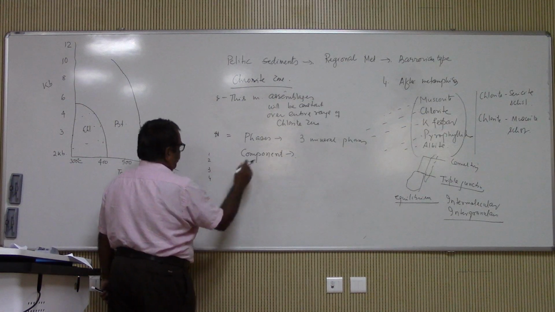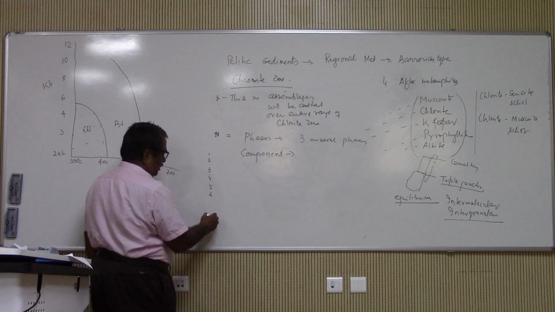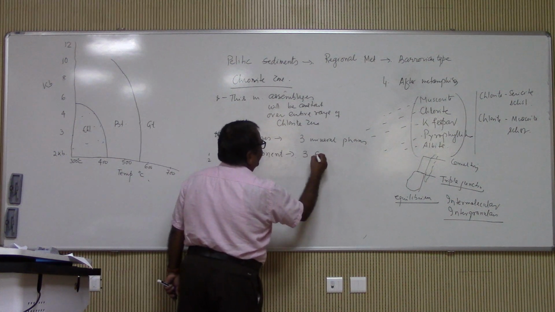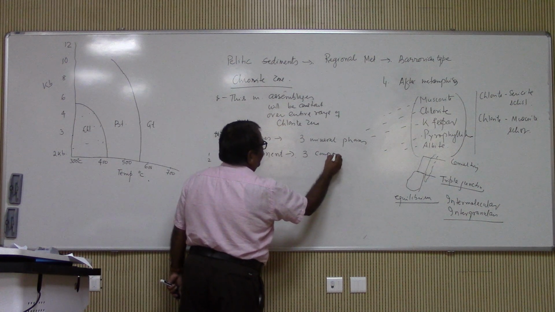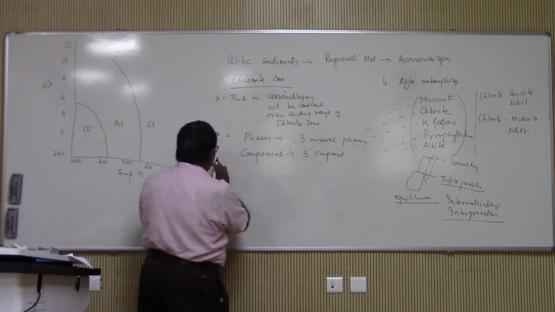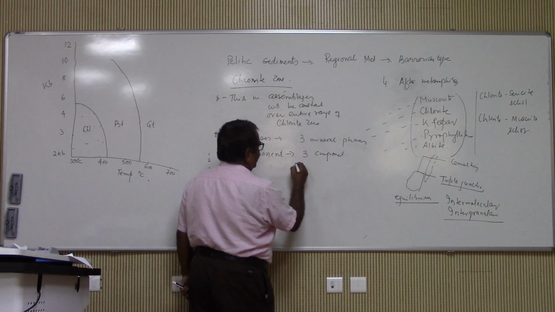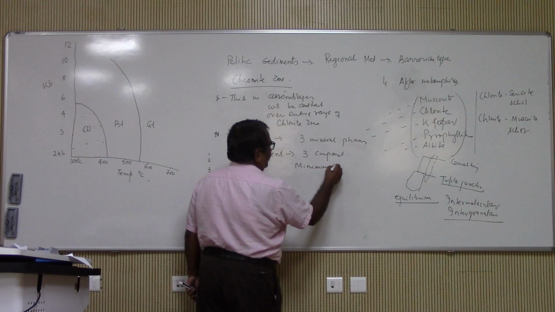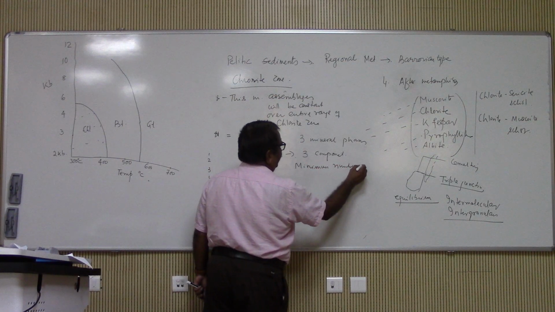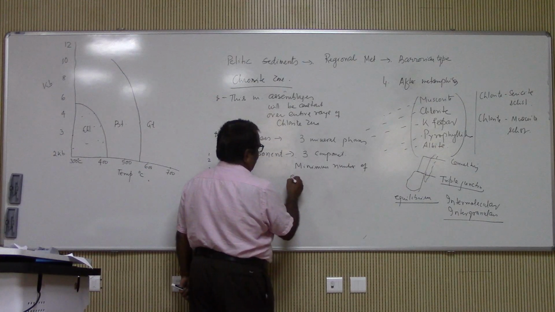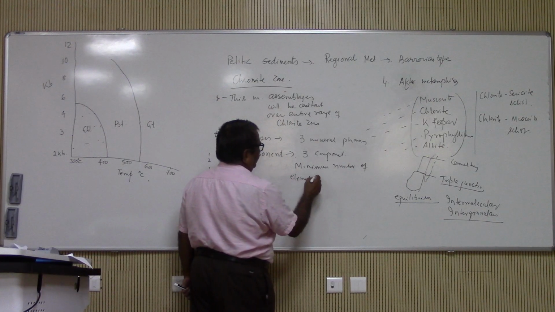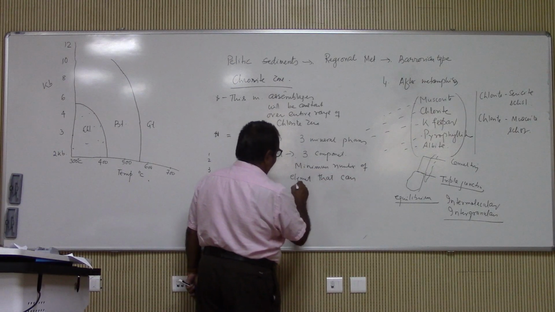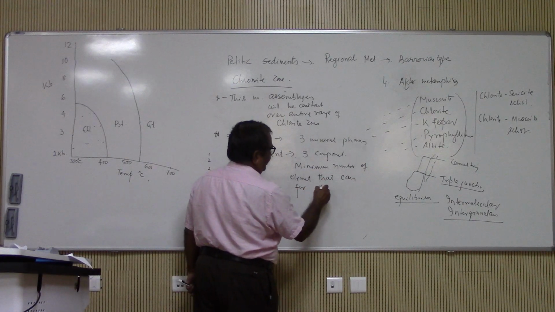So there are 10 to 11 components, but we will take only 3 components. Those 3 components will be sufficient. This is the minimum number of elements that can explain all the mineral assemblages, that can form all mineral assemblages.